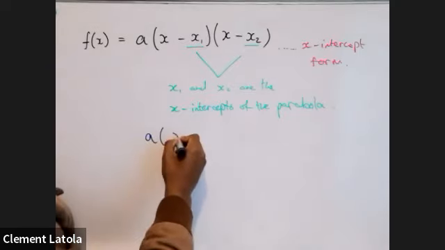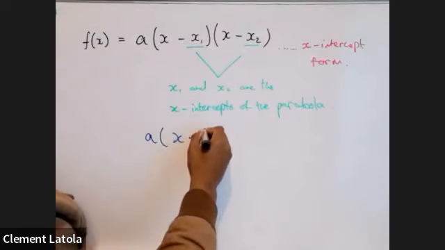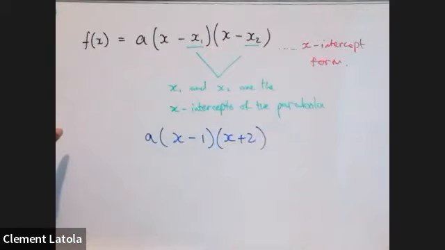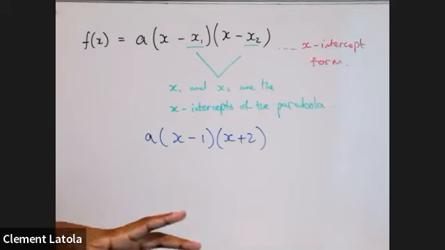If I had a function x minus 1 and x plus 2, what would the x-intercepts be for this function? Again, just switch on your mic or use the chat.